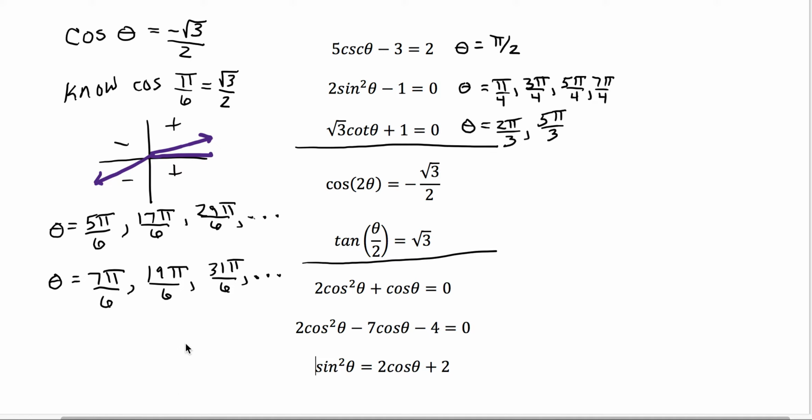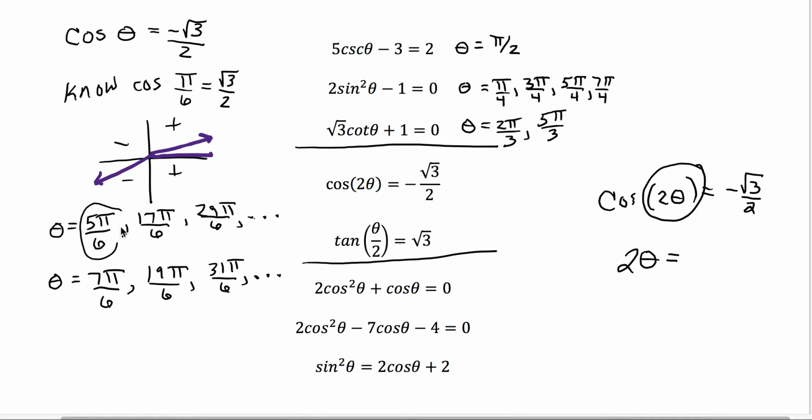All right, so now you're going to go back to the original problem. The original problem is cosine 2 theta is equal to negative square root of 3 over 2. And you're going to ask yourself, how can I make 2 theta equal the first value over here.